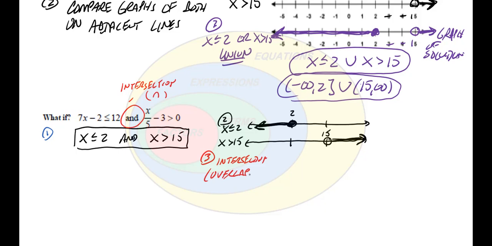If we look at the overlap, and again, when we do this third part, we're drawing another line and looking for overlap of the two solutions, and there's no overlap. We notice that these two solutions do not overlap.